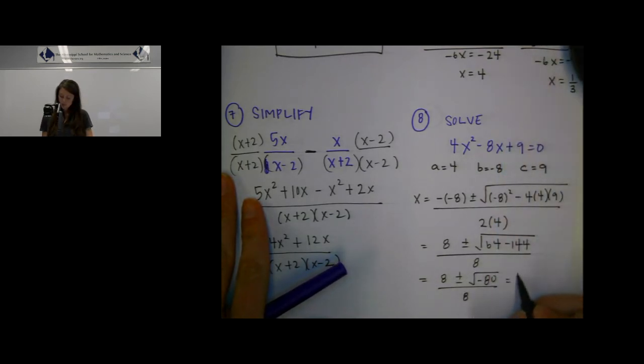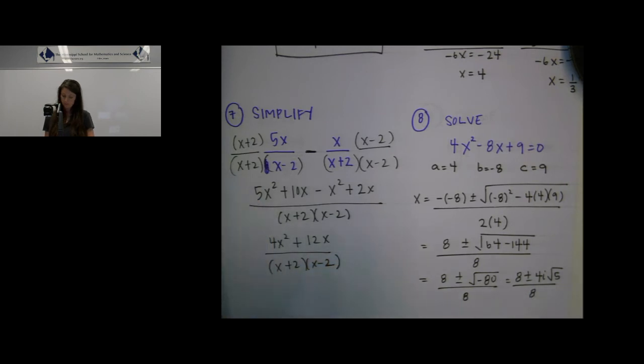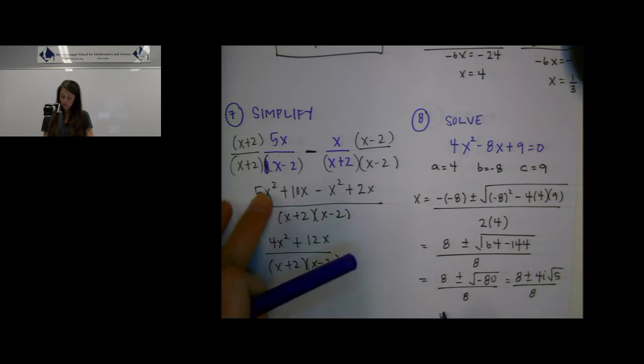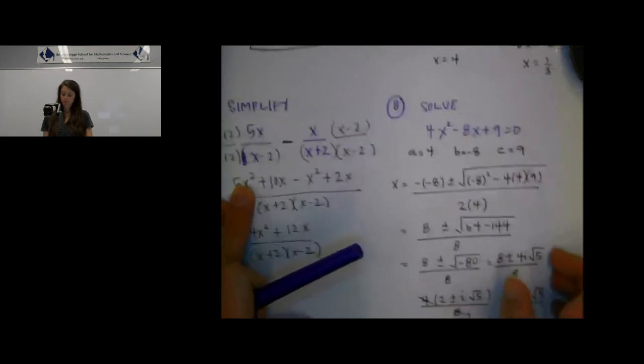So this is actually going to be 8 plus or minus 4i square root of 5 all over 8. Can factor out a 4 out of there, so you'll be left with 2 plus or minus i square root of 5 all over 2. So this is going to be 2 plus or minus i square root of 5 over 2.